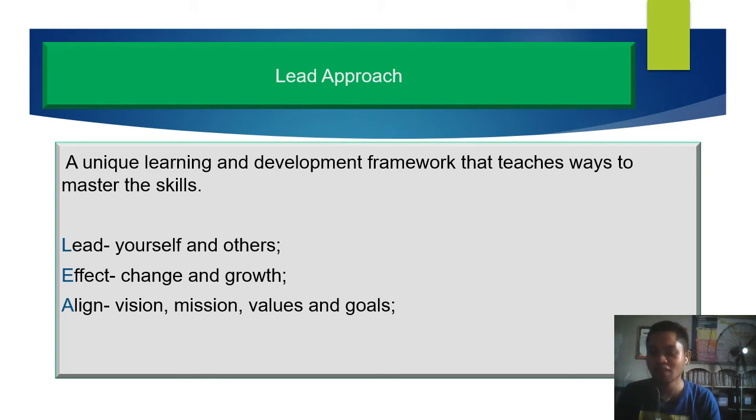Vision, mission, values, and goals connect to how the Department of Education, our educational system, visualizes our learners toward their future and develops systems and strategies. We have a new curriculum, the K to 12 curriculum, which is very important for us to follow, to enable learners to be fully equipped and globally competitive.